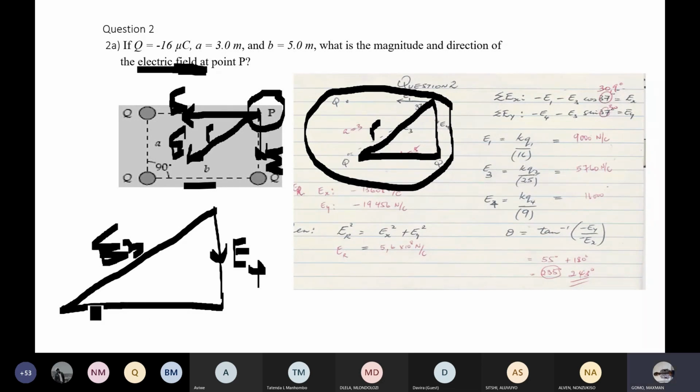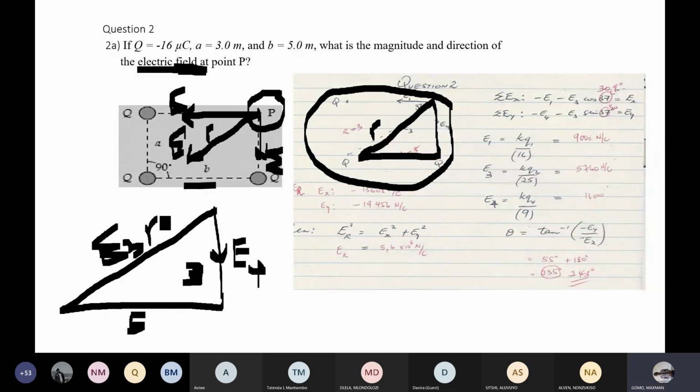So here you are told that the distance is B, and B is 5. So you have 5 here. And then here you are told that the distance is A, which is 3. This is 3. Right. So first things first, you need to find the value of R here.